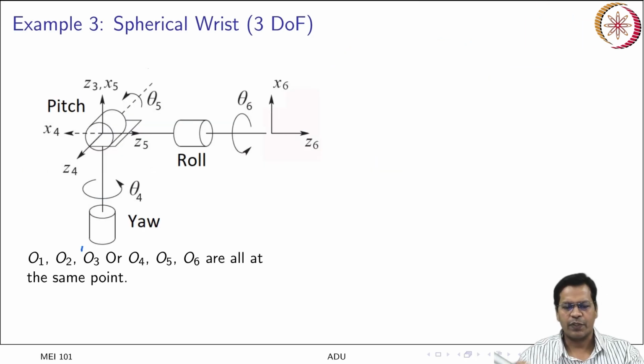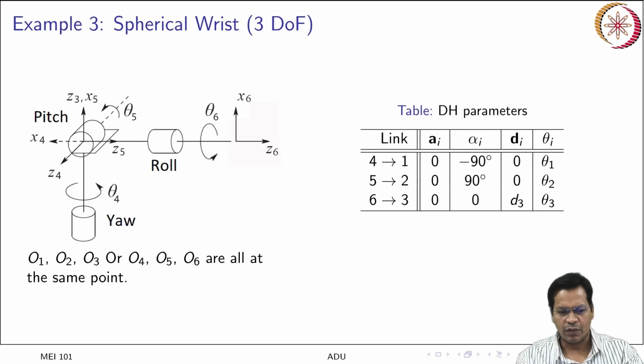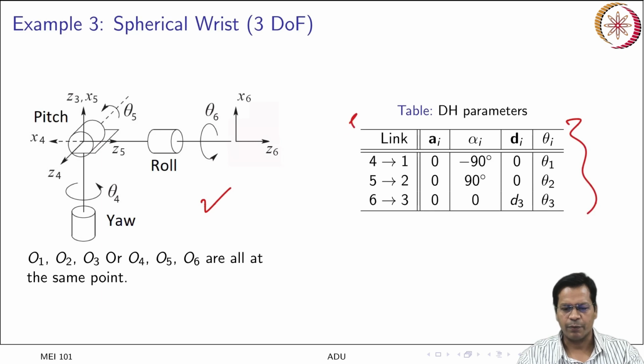Normally they are the 4th, 5th and 6th axis. So you can put it like this, or in order to work conveniently, theta 1, theta 2 and theta 3 is equally good. If I put it all over here, using the DH parameters I can quickly get this table. Got it? So this is exactly the same.